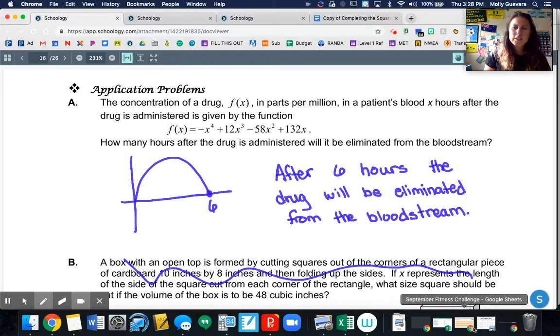So whenever you're talking about real world situations or word problems, things like that, your answer should always be a full sentence. Okay, that's it for 2.5.